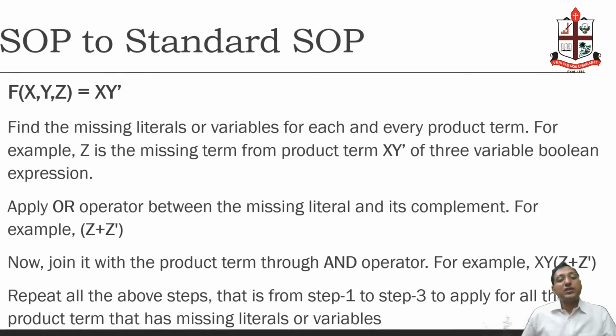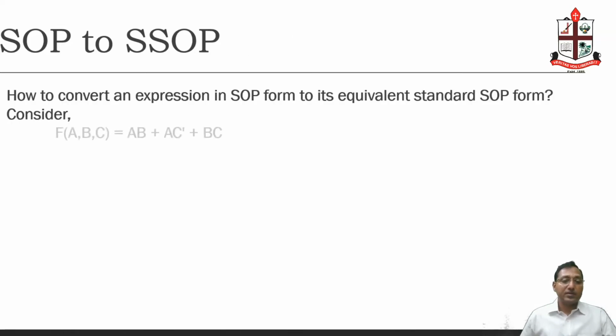Now, how to convert an SOP into standard SOP? Now, this is the procedure for converting from SOP to standard SOP. Let us take an example. Now, this Boolean function is in canonical form but not in standard SOP. Let us convert this canonical SOP into standard SOP.